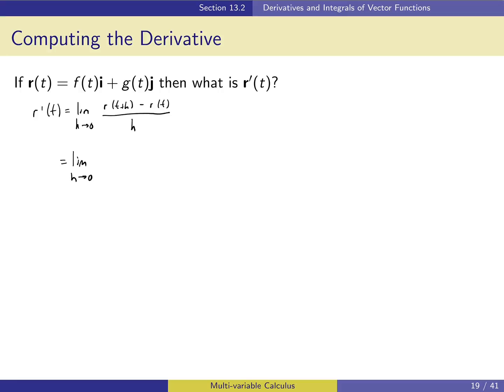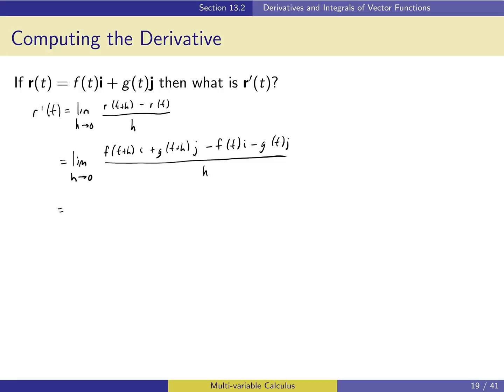So instead of r of t plus h, we can write f of t plus h times i plus g of t plus h times j. And then when we subtract r of t, we subtract f of t times i, and we subtract g of t times j. All of this is divided by h.